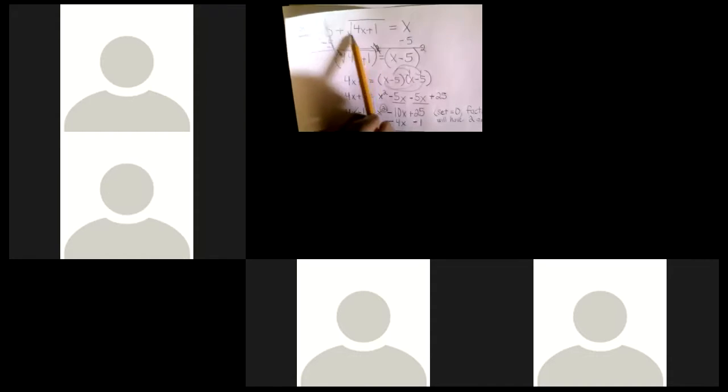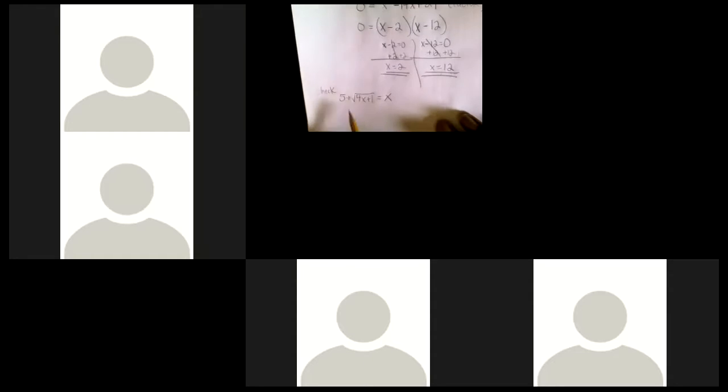X equals 12 is the other answer. So this is a square root, so we have to check both answers, because they could both be right, or one may not work, or neither one may work.